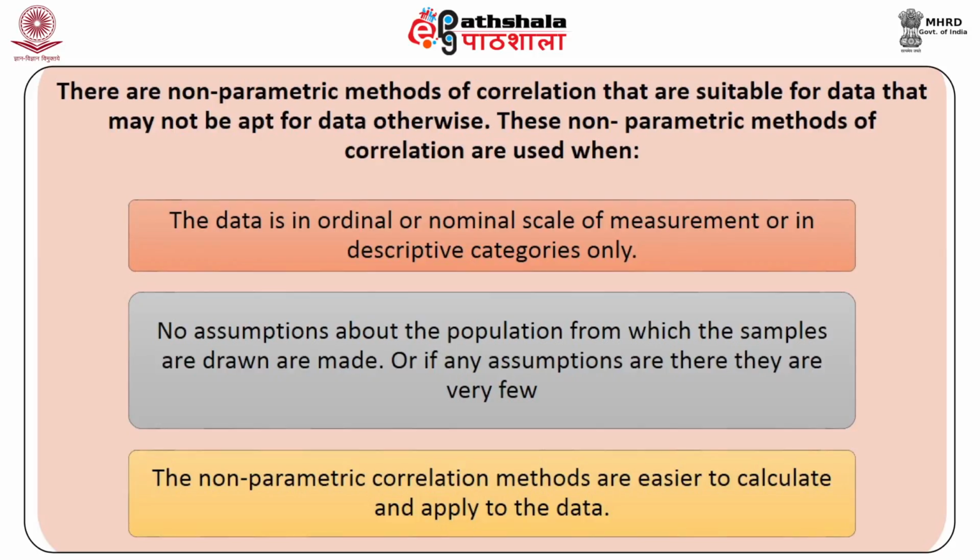These non-parametric methods of correlation are used when the data is in ordinal or nominal scale of measurement or in descriptive categories only. No assumptions about the population from which the samples are drawn are made, or if any assumptions are there, they are very few. The non-parametric correlation methods are easier to calculate and apply to the data.